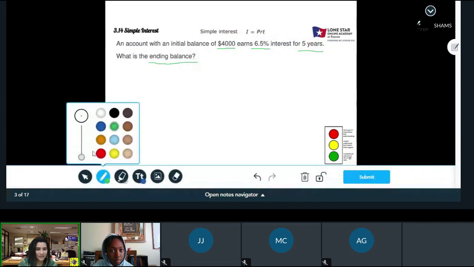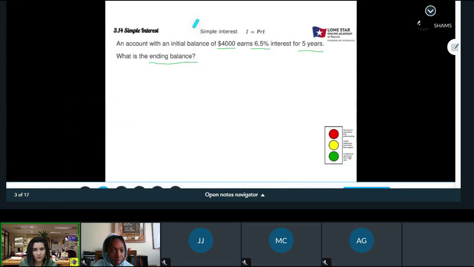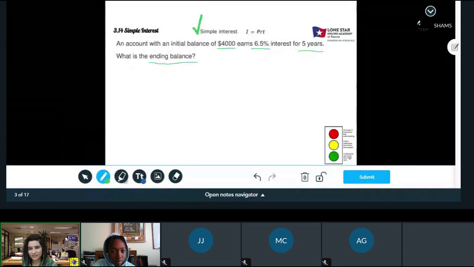Remember, the STAR reference chart does provide you with a formula to calculate simple interest, and that is why I'm expecting you guys not to miss such questions. Let's go ahead, get started.